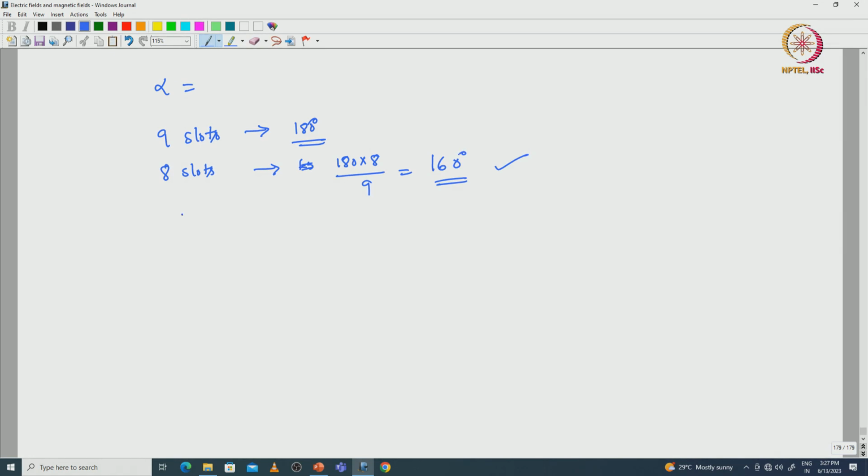Okay. Here alpha is nothing but 180 minus 160, then 20 degrees is the alpha.